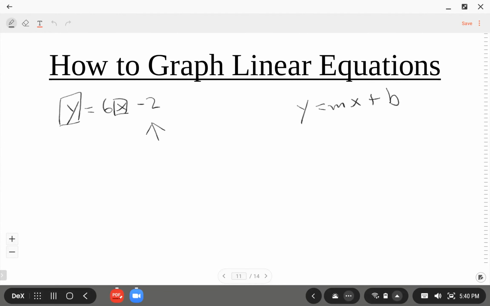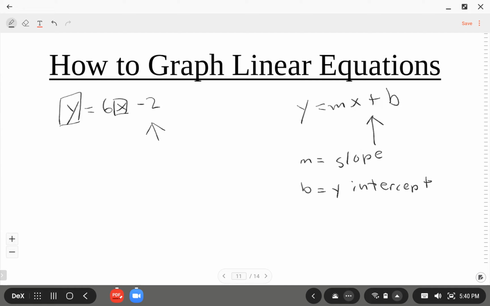So sometimes you have to actually solve the equation first and put it in slope-intercept form before you can graph it, okay? So they're always in this kind of form. Y equals mx plus b, okay? M equals the slope of the line, and b equals the y-intercept of the line, okay? So b is the y-intercept, and m is the slope.